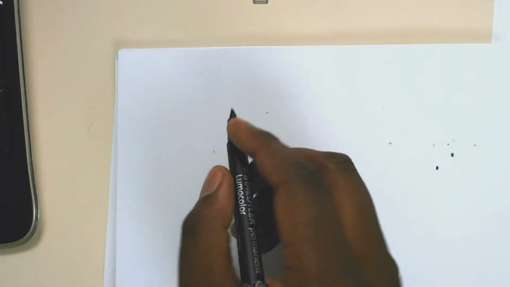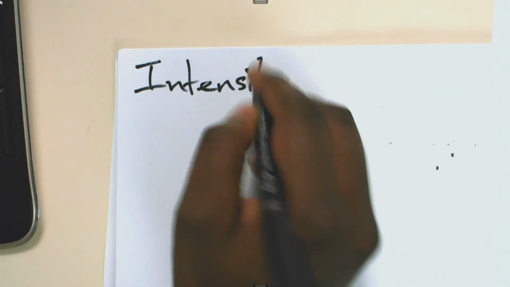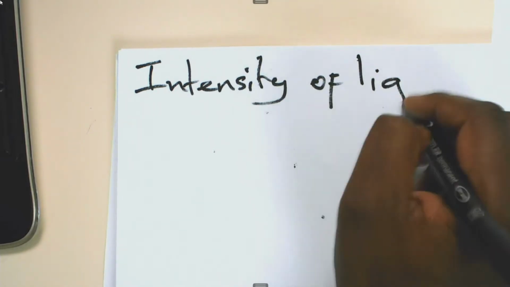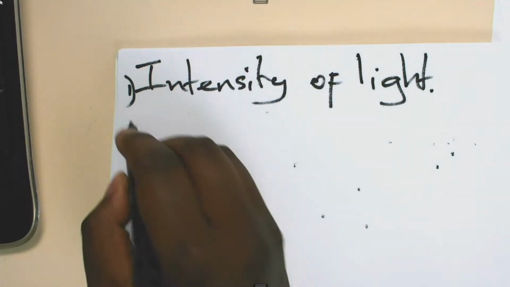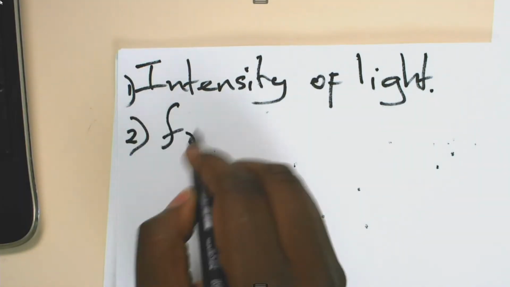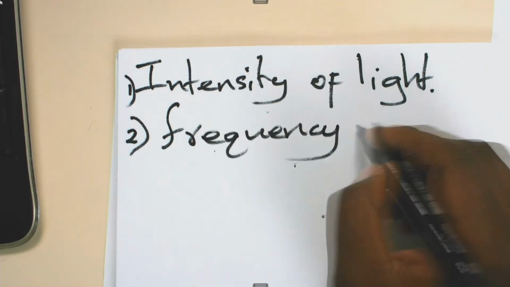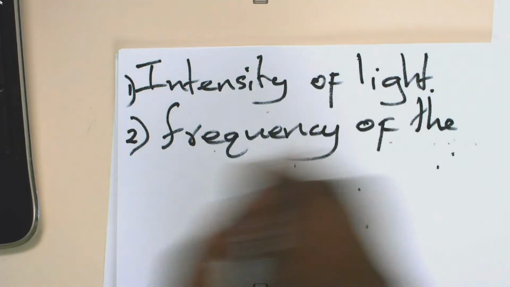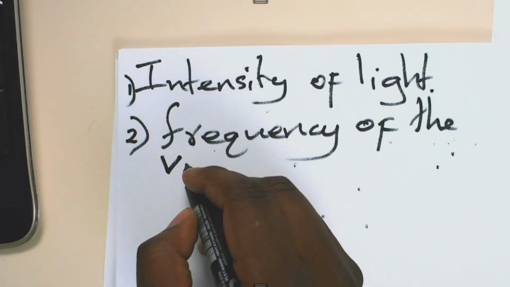So the amount of current that we are producing can depend on the intensity of light, and again, it can depend on the frequency of light. So these two variables can affect the current that we are going to produce.